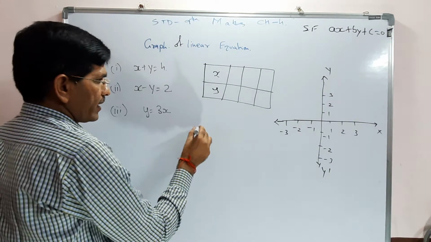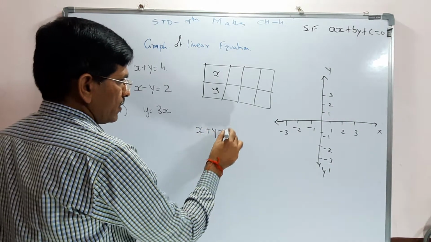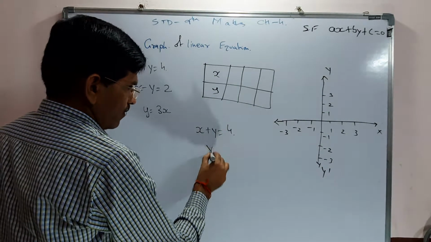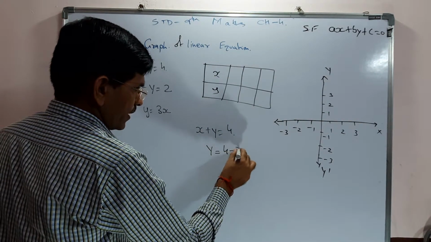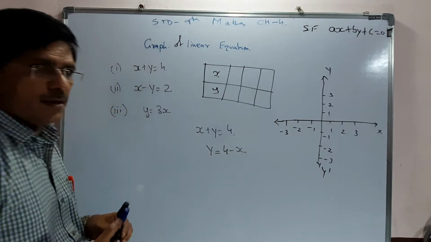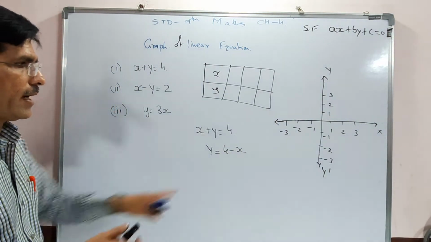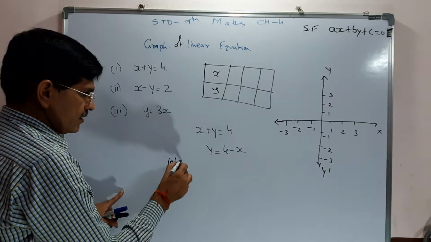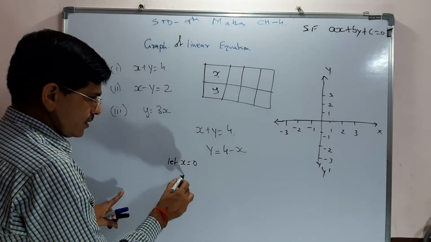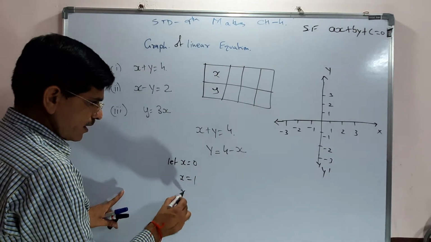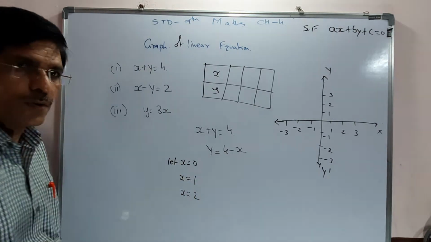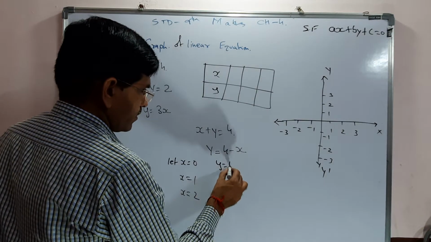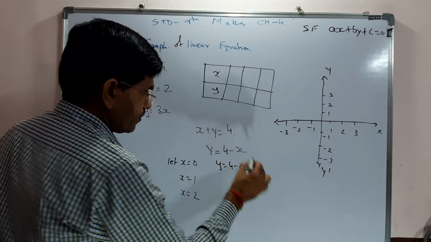Now x plus y is equal to 4, so we can write y is equal to 4 minus x. Now we have to assume x. Let x be 0, 1 and 2. If I put 0, y is equal to 4 minus 0 is equal to 4.